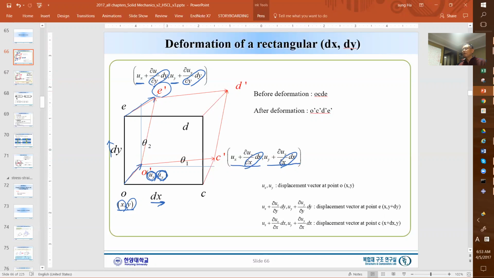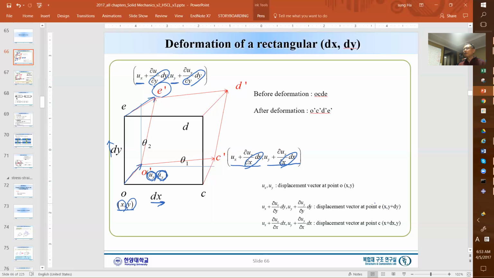Compared with C prime it looks similar, but the difference is that here are the x-directional differentiations, and here are the y-directional differentiations.